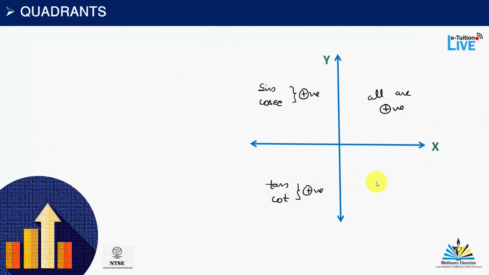In the fourth quadrant, cos and sec are positive. What does it mean? Let's take an example like 120 degrees. 120 degrees is less than 180 and greater than 90 degrees, so 120 lies in the second quadrant. Hence sin 120 degrees must be positive.